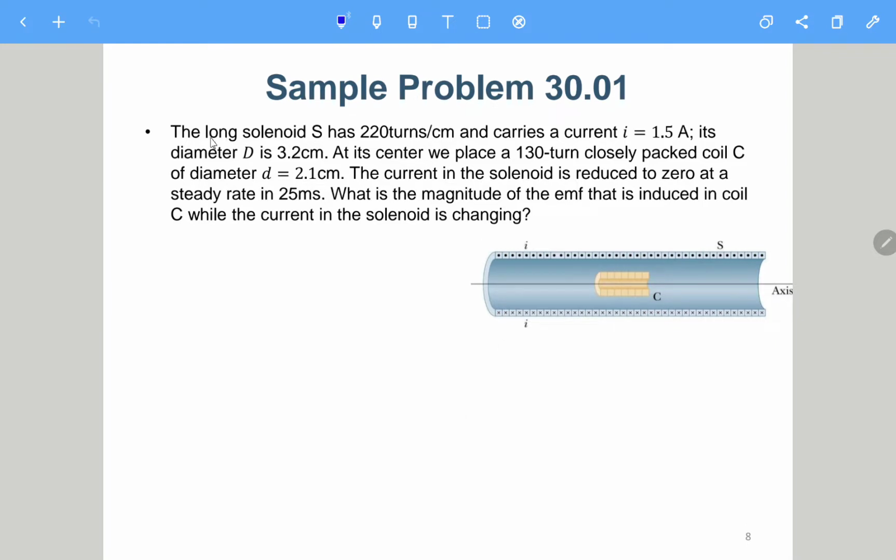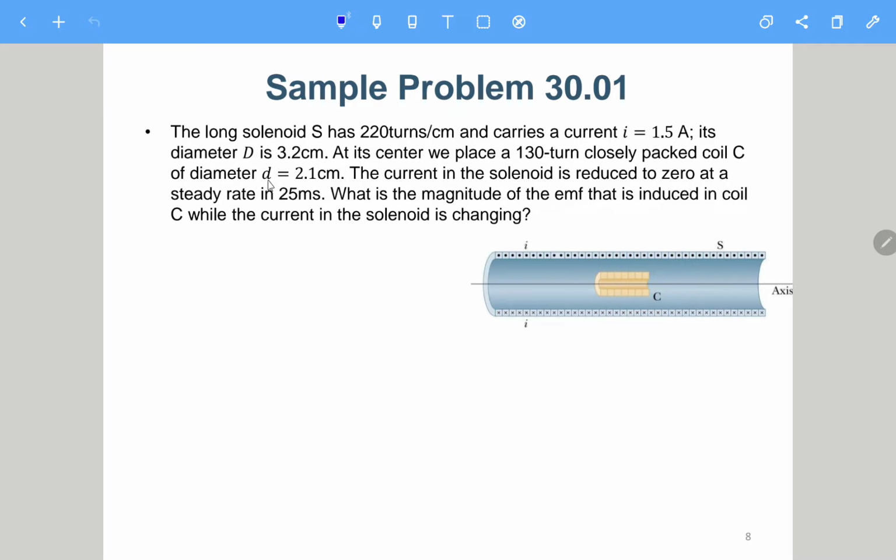Here it says the long solenoid S has 220 turns per centimeter and carries a current I. Its diameter D is this value, and at its center we place a 130 turn closely packed coil C. So this one only has 130 turns, but this one has 220 turns per centimeter.